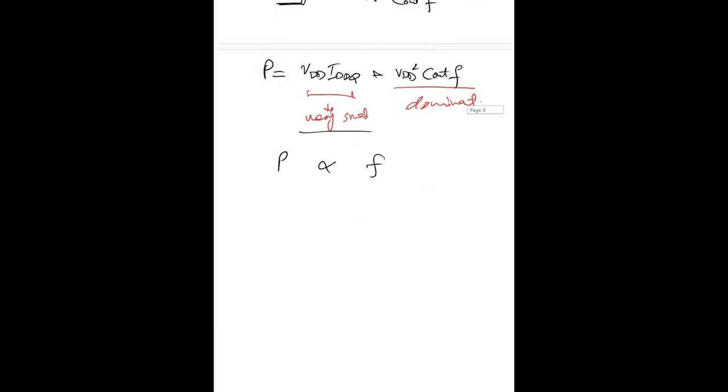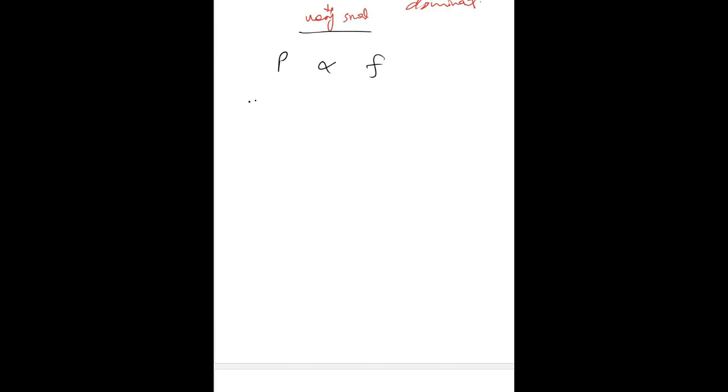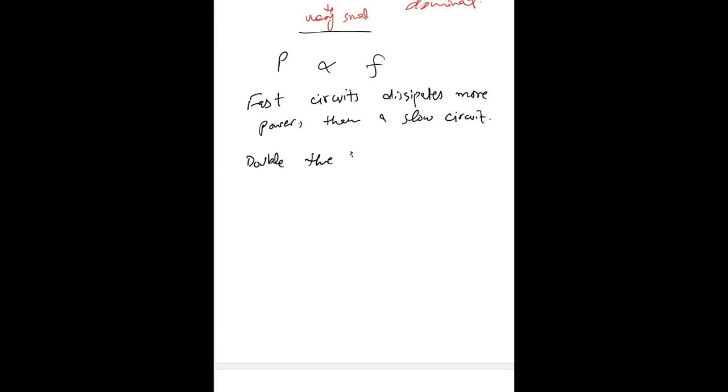So if we write it in words, a fast circuit dissipates more power than a slow circuit, and if we double the switching speed, this implies that we would double the power as well.